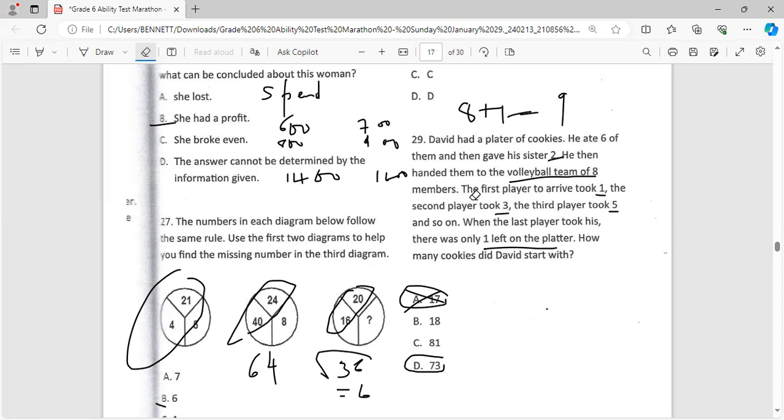Listen to the pattern now. The first person to arrive took 1. The second took 3. The third took 5. If you notice, all of these persons took 2 more than the previous one. So let us say Sam arrived first. And then we have Pam.